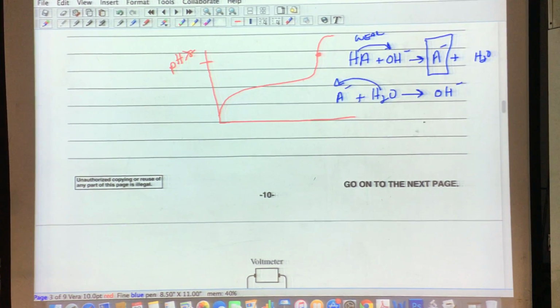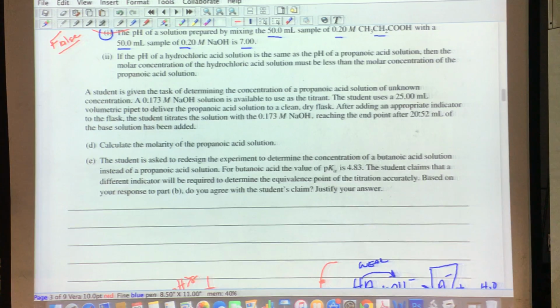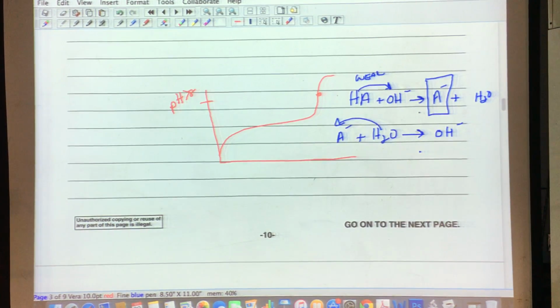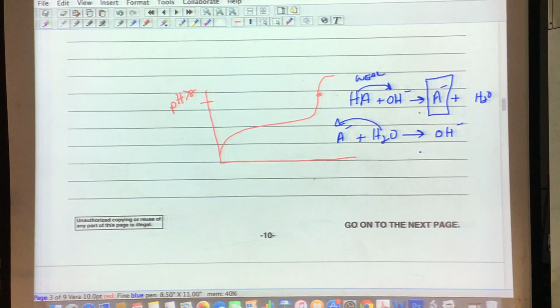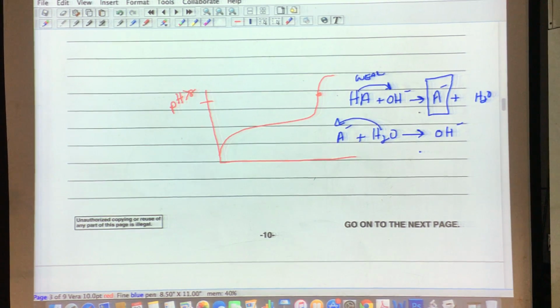Produce hydroxides. So many ways to say that. The reason the pH will be above 7 is that in this neutralization reaction, we create a conjugate base that has the ability to pull an H from water to produce a hydroxide.